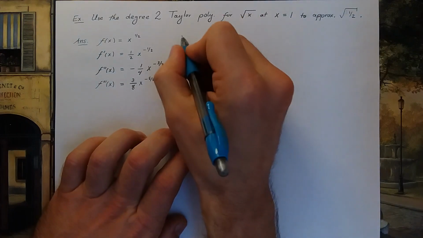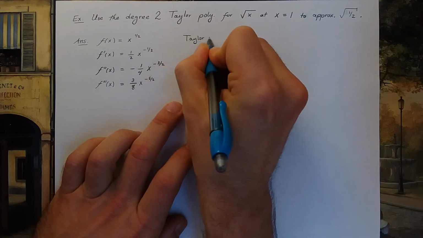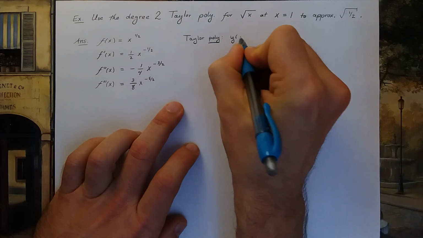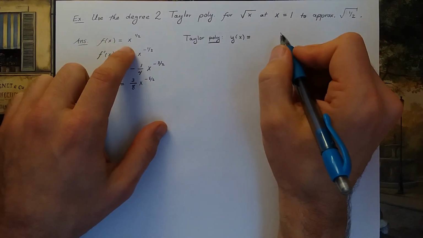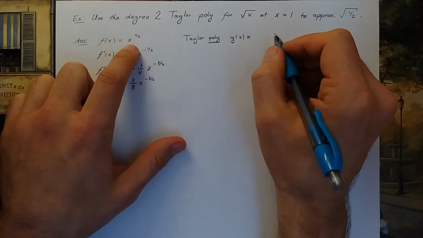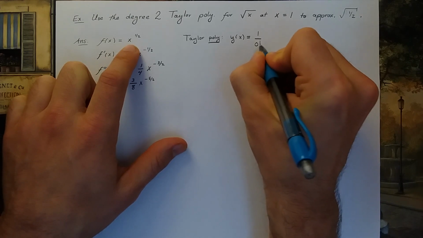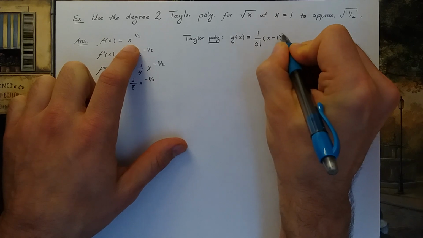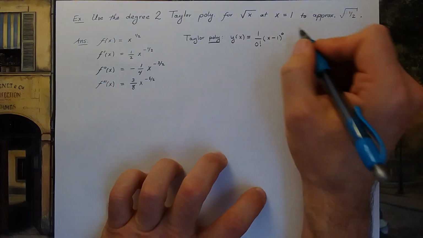Okay, so my Taylor polynomial, I could write down. My Taylor polynomial is y of x. Plugging in 1 here gives me 1 over 0 factorial times x minus 1 to the 0 power. That's the 0th term, the constant term.